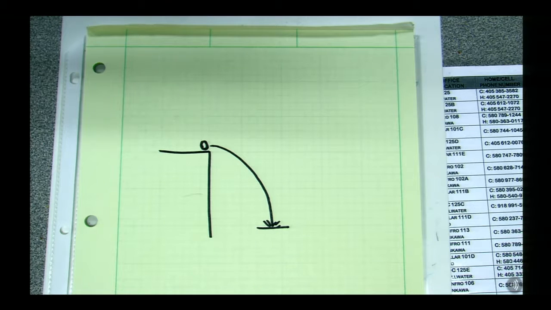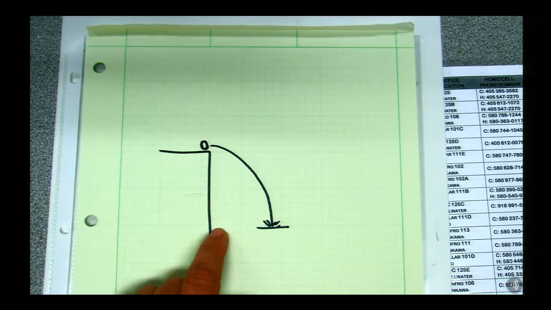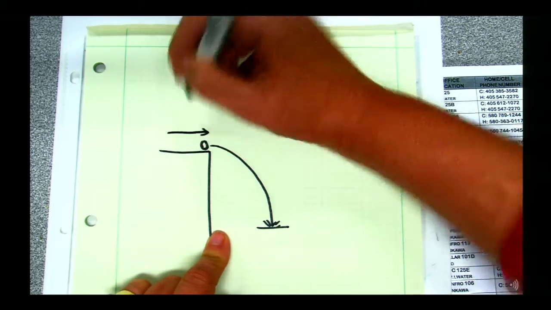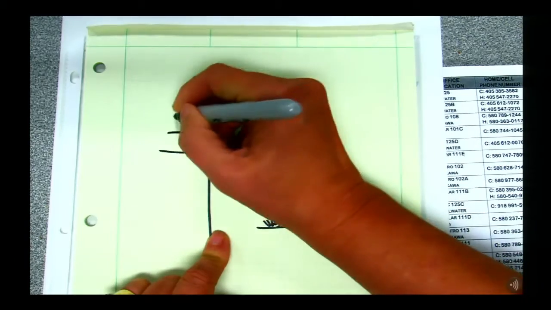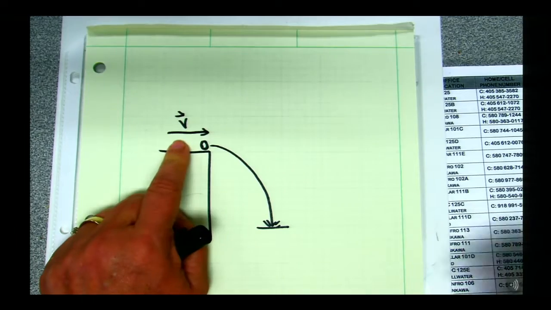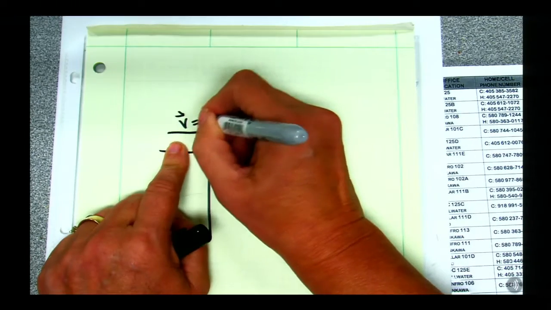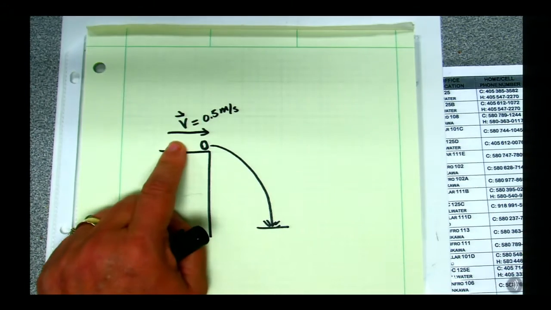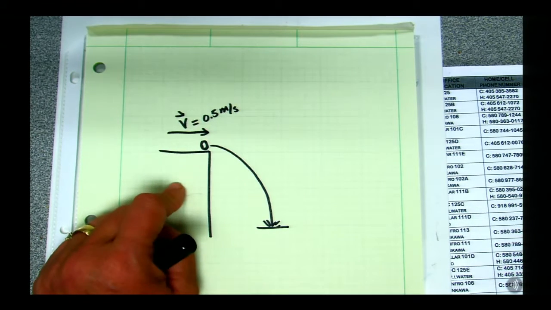If I were to take her water bottle over here and roll it, we would know it's not going to fall directly underneath, because if I roll it, it has a velocity. Let's go ahead and define one. Velocity is 0.5 meters per second. We're rolling that object off the tabletop at 0.5 meters per second.